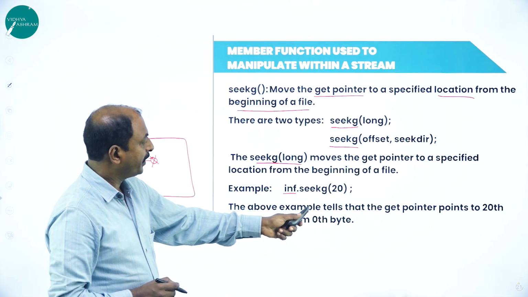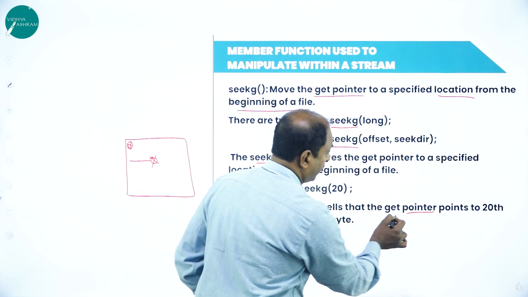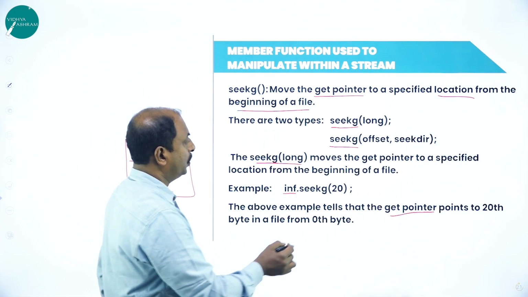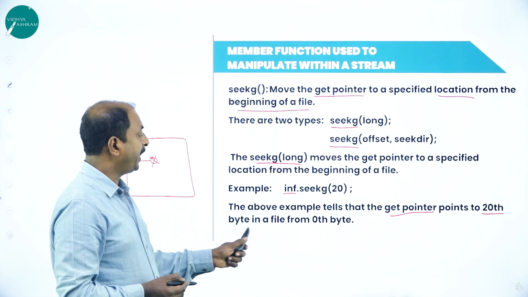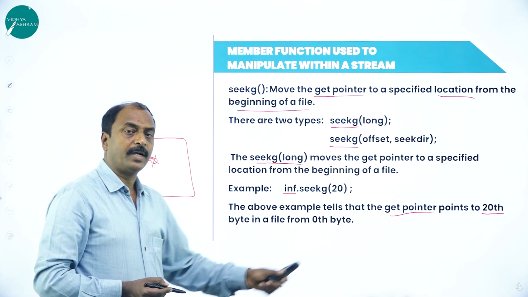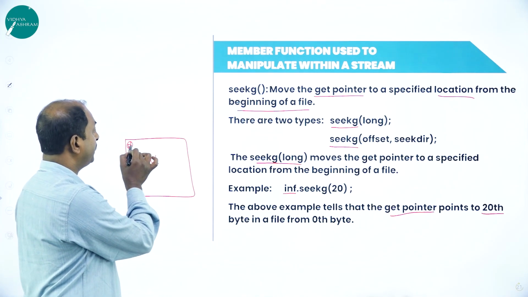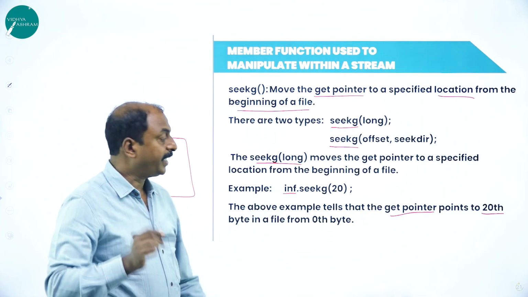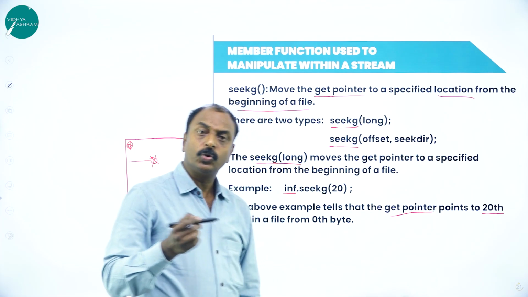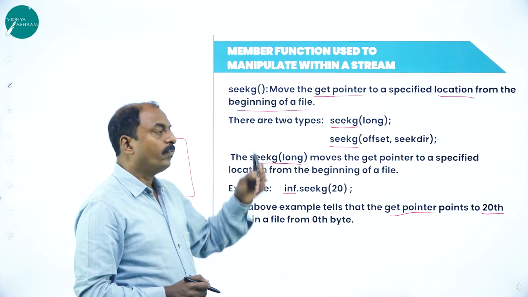In the above example, the get pointer points to the 20th byte in a file from the 0th byte. So it calculates from 0, counts to the 20th byte, and the get pointer will move to that particular location. So this is the seekg function.